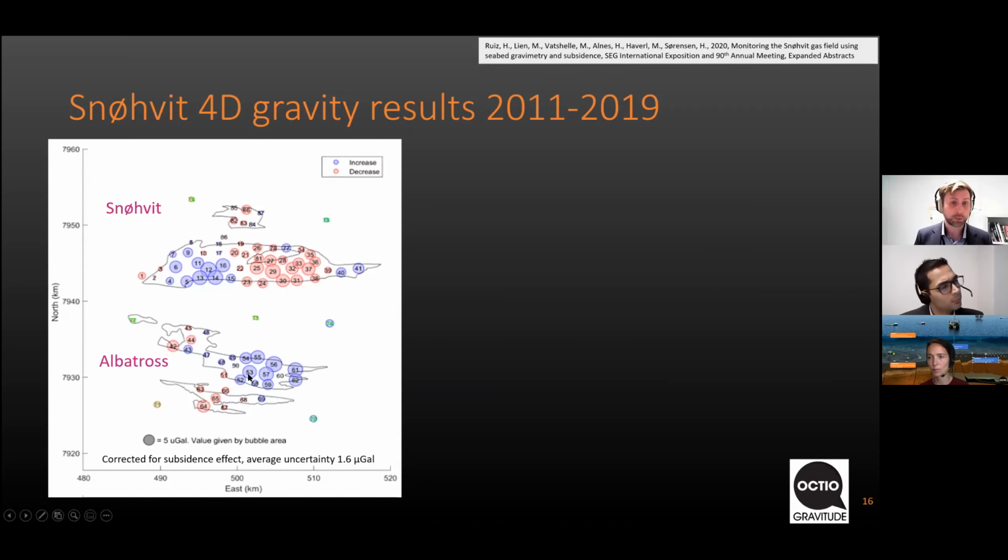The way it works with these plots is that the blue circles indicate an area with a positive mass change, and the red ones indicate an area with a negative mass change over the reservoir for the given time period.